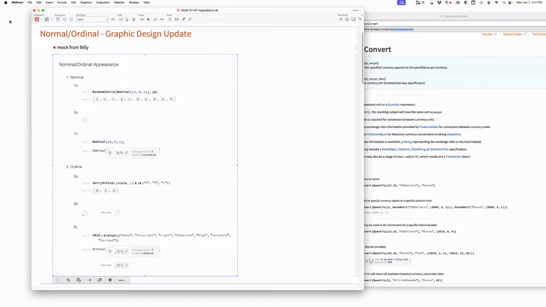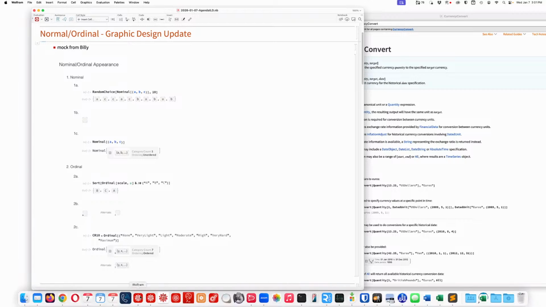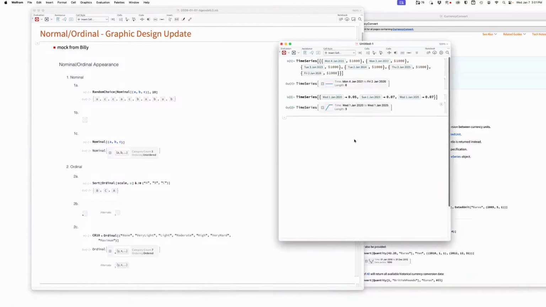In other words, if you write nominal ABC, it crashed. I don't know what version that is.